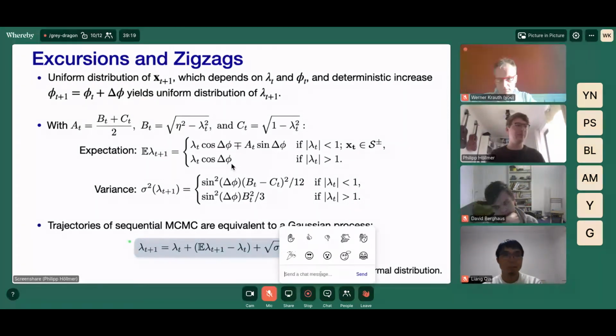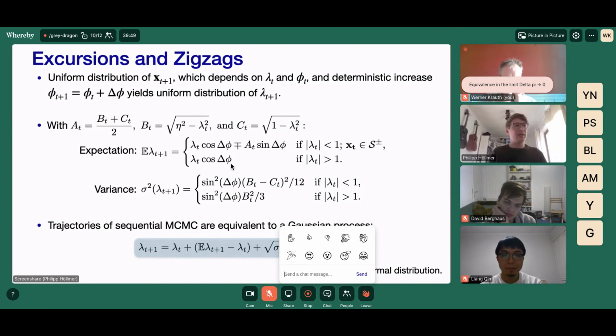So in each step, we compute the next value of the impact parameter lambda_{t+1} as the current one plus some drift term, which depends on the expectation, and some diffusion term. The diffusion term is, of course, coupled to the variance of our random variable. And then in order to bring some random element in, it is weighted by some random numbers that are sampled from a normal distribution.